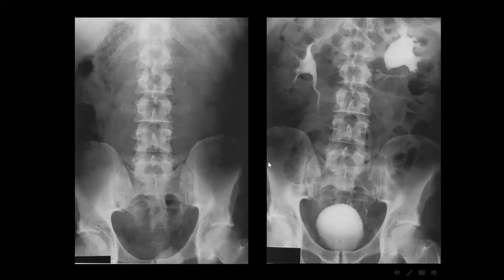Further assessment with intravenous urography revealed that this kidney is obstructed at the region of the pelviureteric junction, and this one is not a stone. So not all opaque shadows in the pelvis are stones, and not all patients with renal pain or colic are belonging to stones.